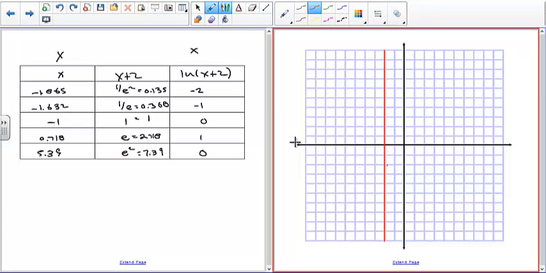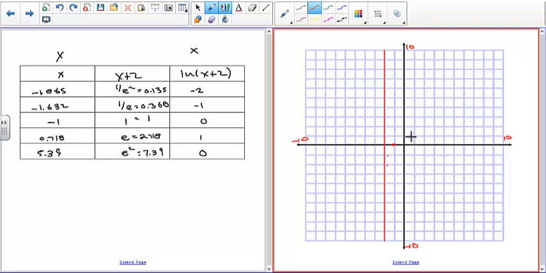Let's put the scales, the normal scale that we have for the x and y axis. Okay, next one, -1.6. So there's -1.5, -1.6, -1. So that goes there. -1, 0, that's my x-intercept. 0.72, so I go over here. Here's 1. Here's 0. 0.72 is about there.